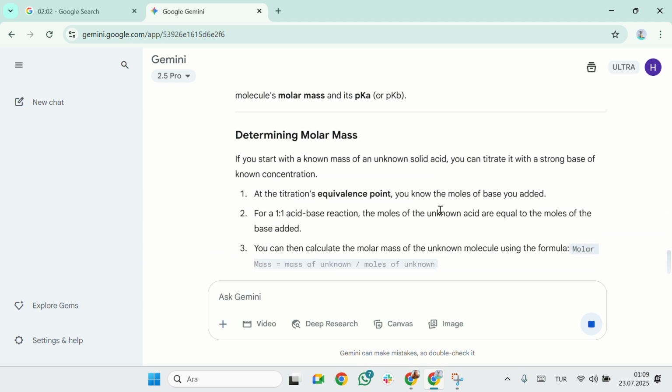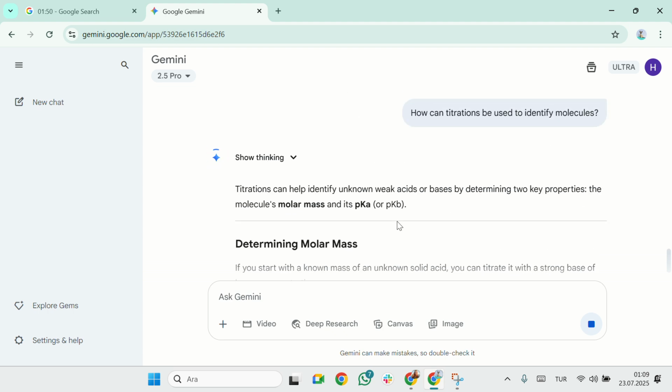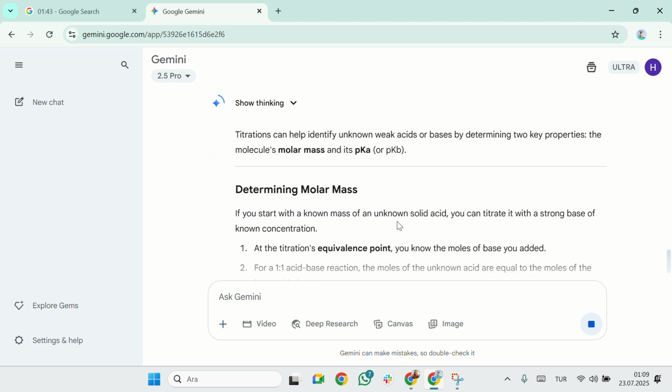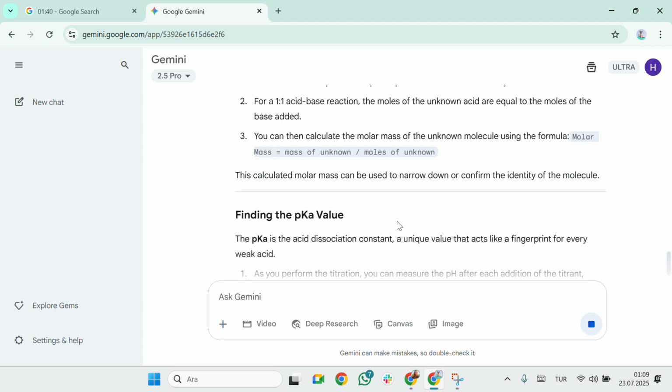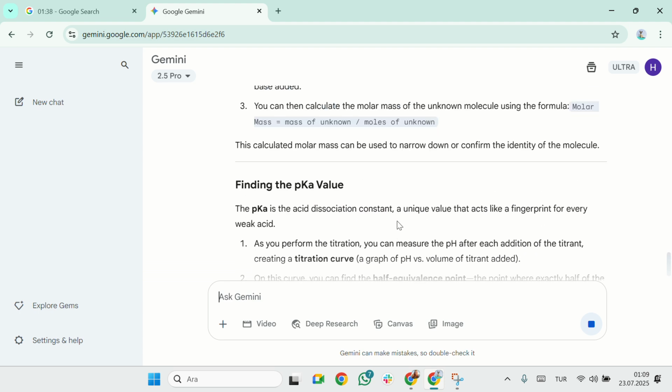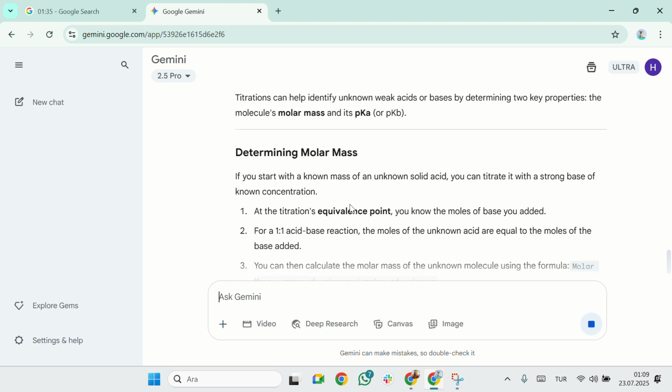Okay, this is like a pH thing. Is it only work for weak acids? Does this work for strong acids or bases? Let's see, if you start with a known mass of an unknown solid acid, you can titrate with a strong base of known concentration.